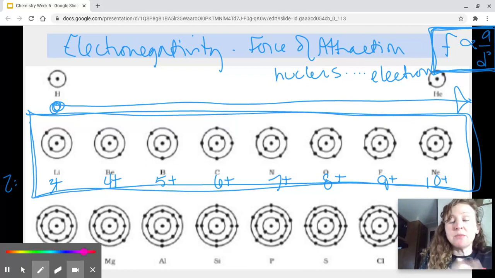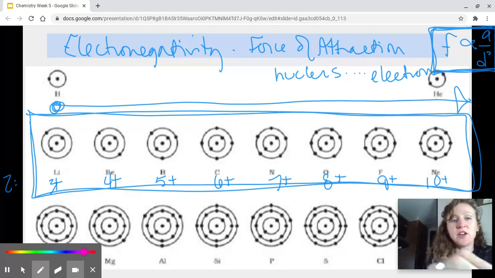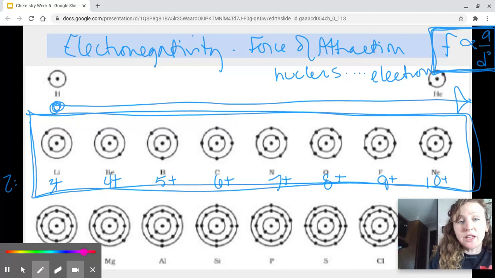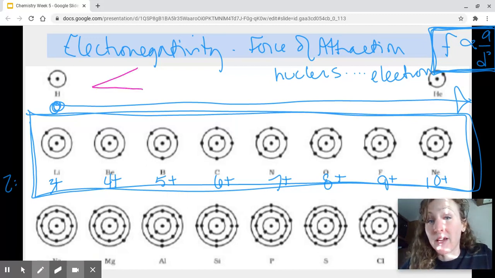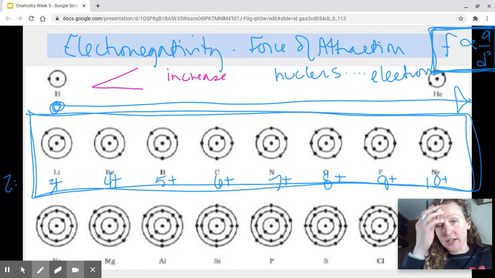And because charge is increasing, the atoms are going to be more and more able to attract electrons to itself. So electronegativity for lithium is going to be fairly low. Electronegativity for neon is going to be, actually for fluorine, is going to be fairly high. So electronegativity is going to increase when you're going left to right in a period.